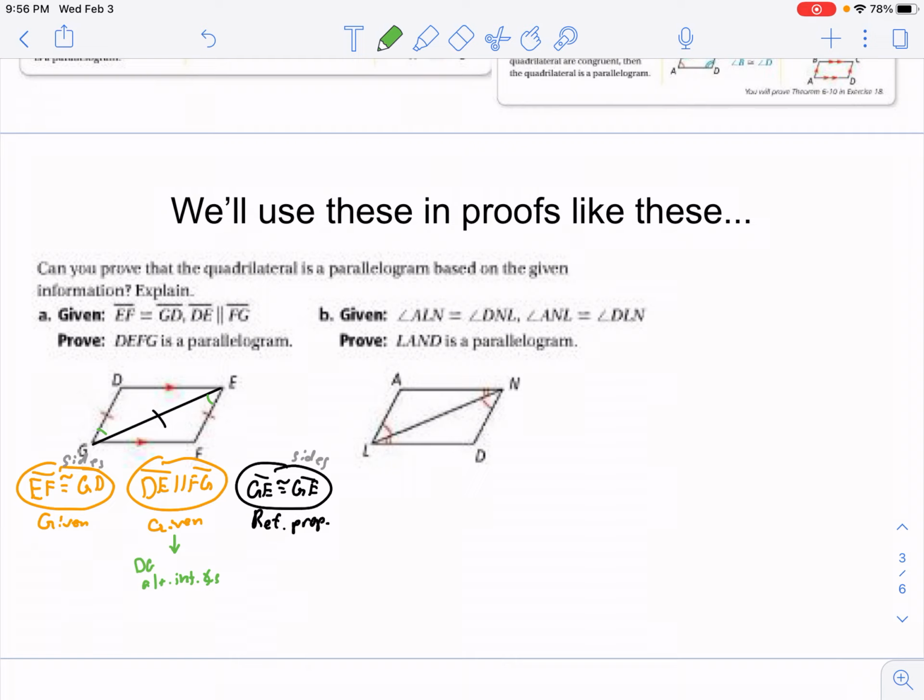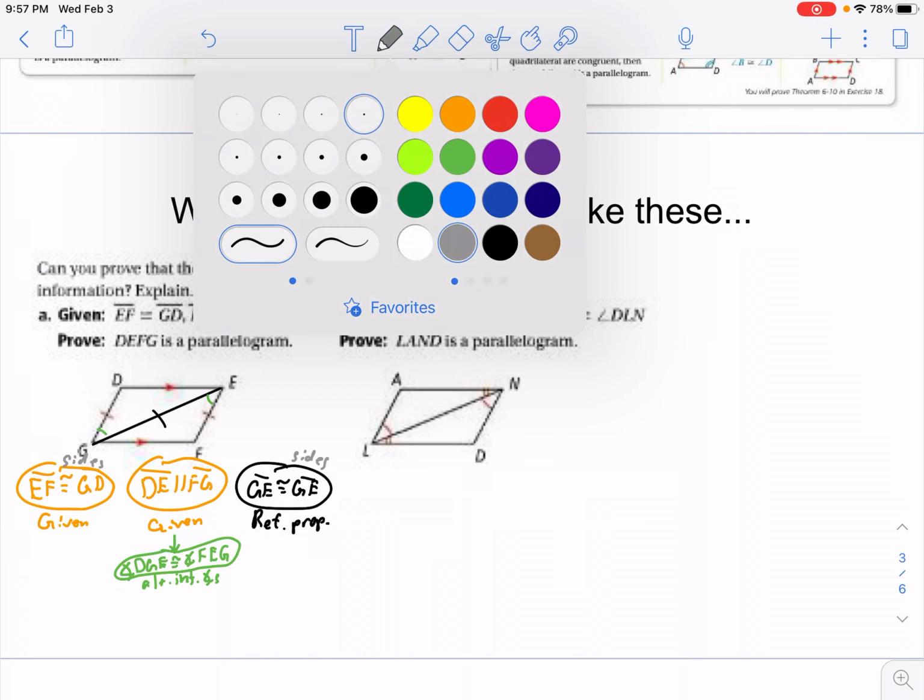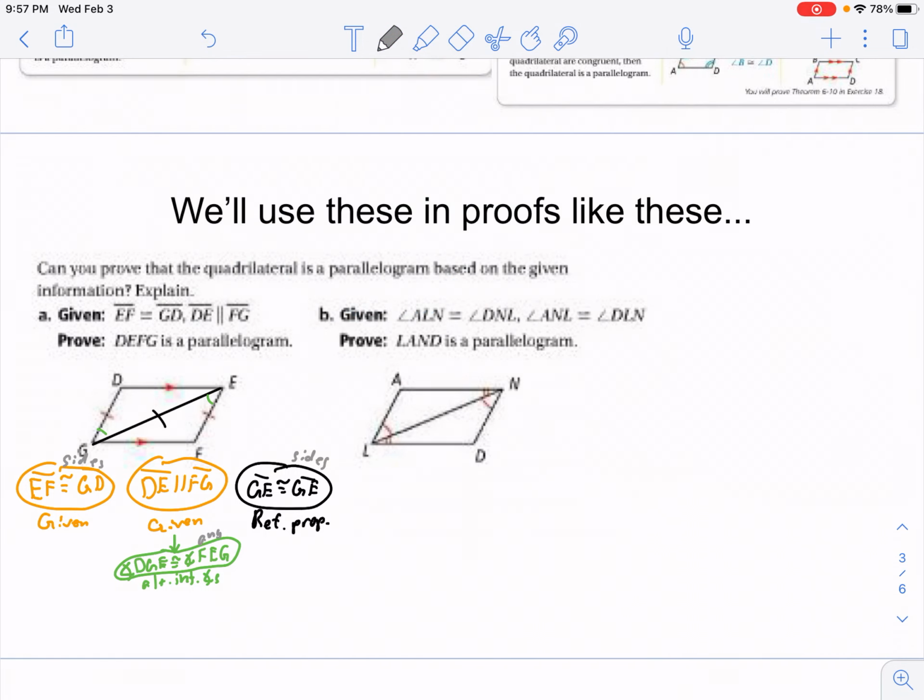Let's see, angle DGE is congruent to angle FEG. There's a pair of angles. And so I've proven this with side angle side.